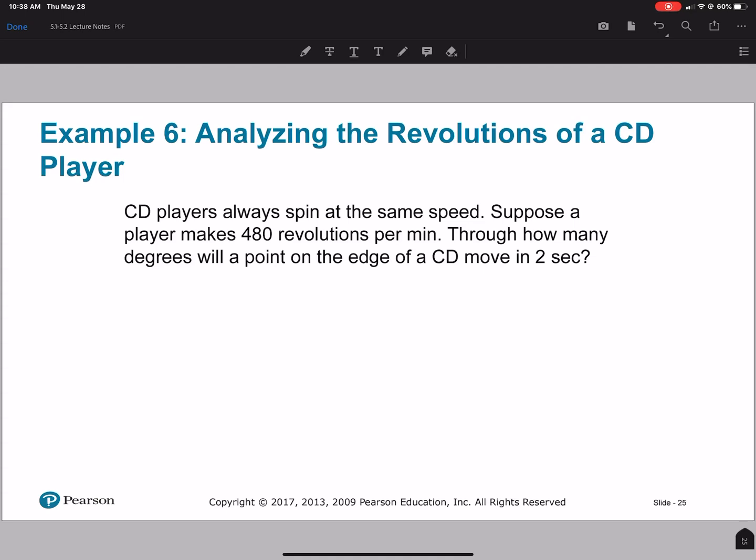So if we know that it revolves 480 times per minute, we basically have what? 480 over what? 60. Right? Which gives us what?